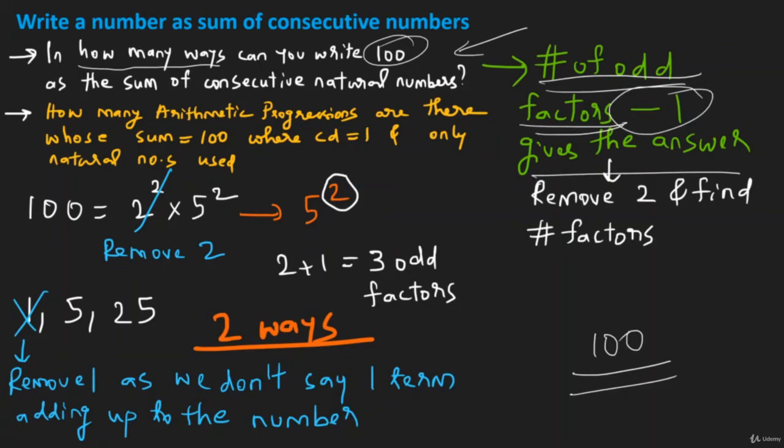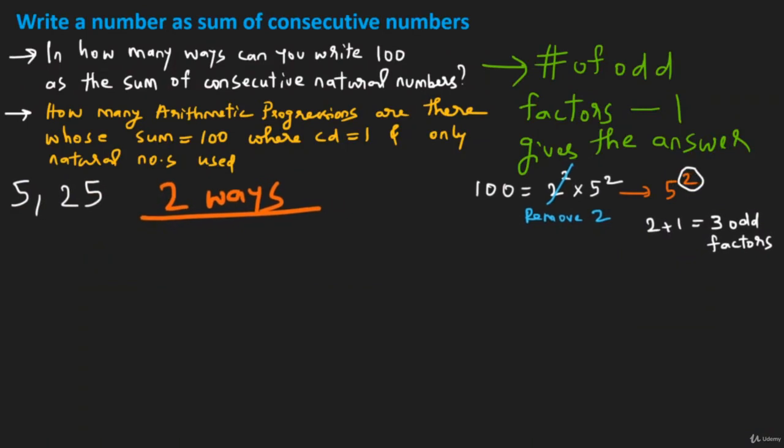Now let me keep that aside. So we know that this can be done in 2 ways. Now let's try to understand what are these 2 ways. Now it's mentioned that the sum should be 100. So it's an arithmetic progression and the common difference is 1 because these are consecutive numbers.